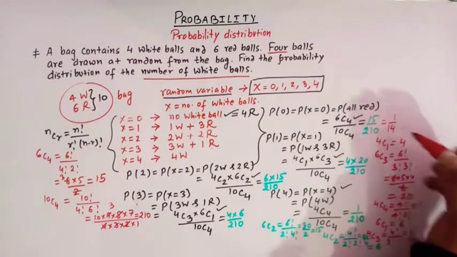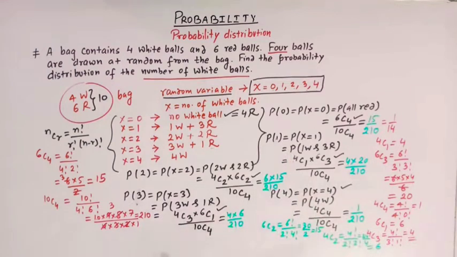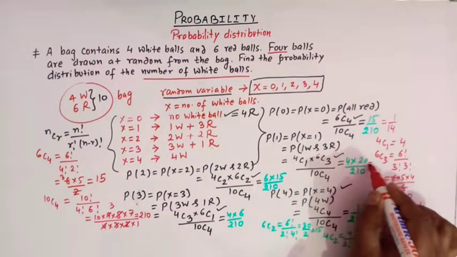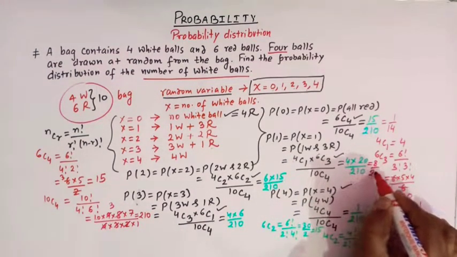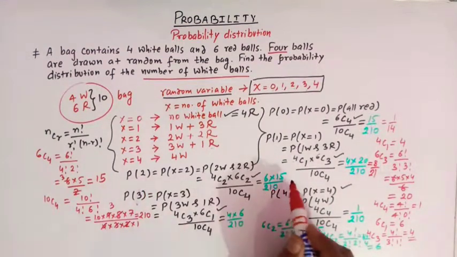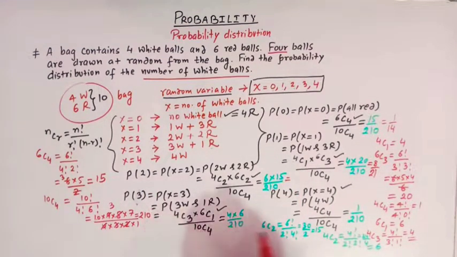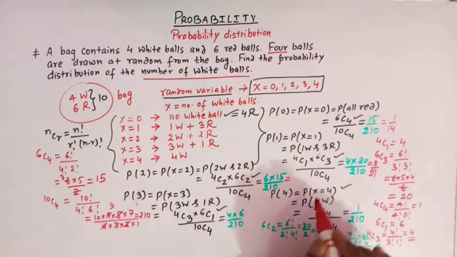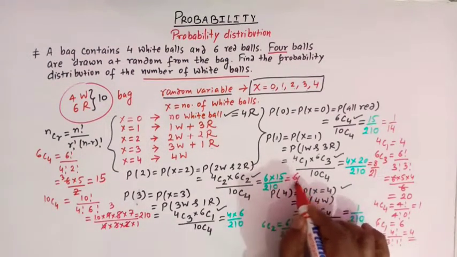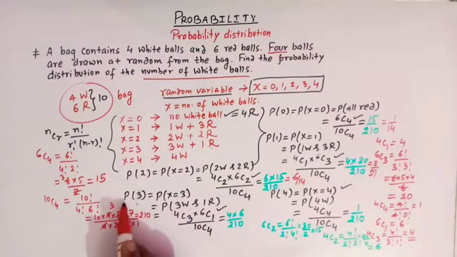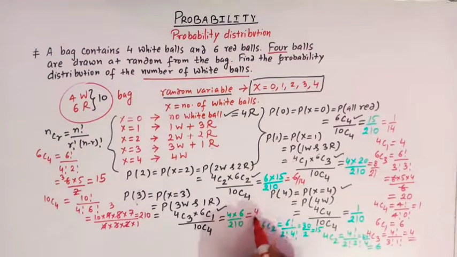We can simplify it, and P of 1 is equal to 8 over 21, and P of 2 is equal to 6 over 14, and here P of 3 is equal to 4 over 35, and P of 4 is equal to 1 over 210.